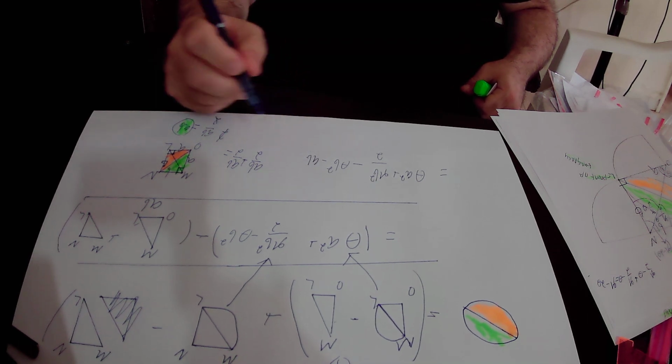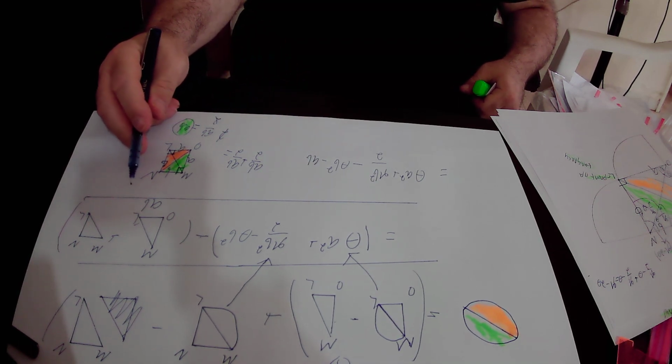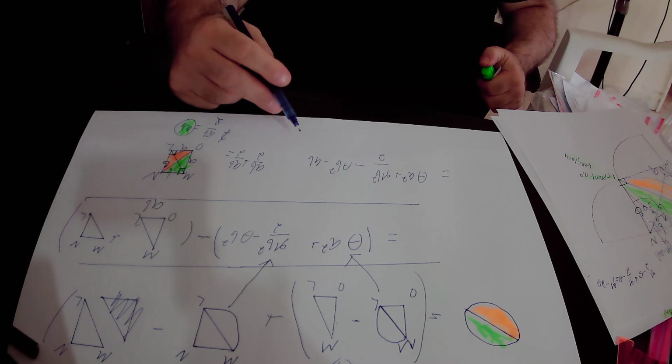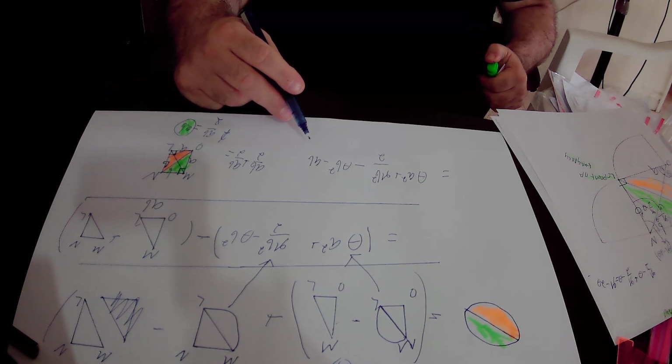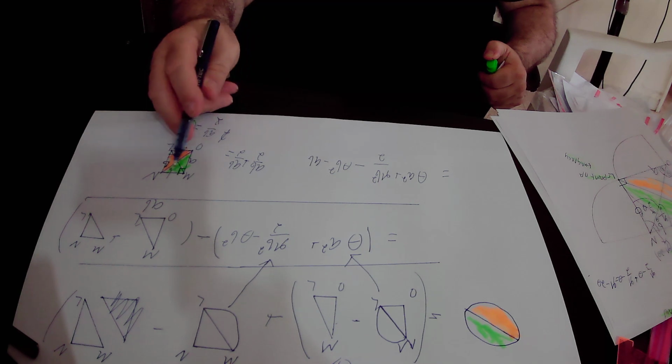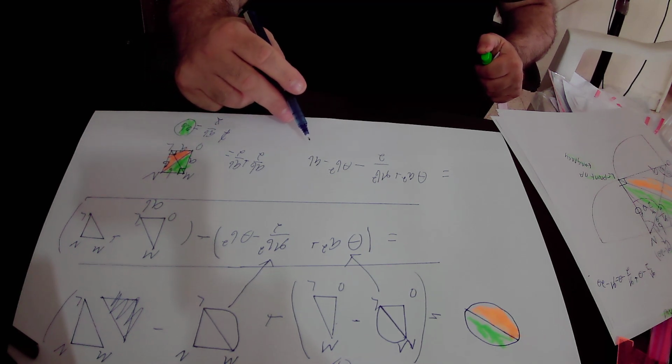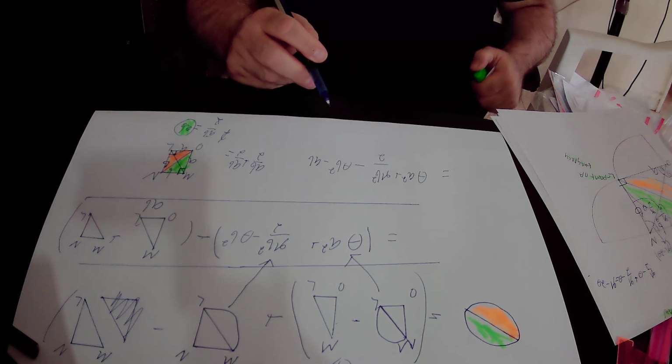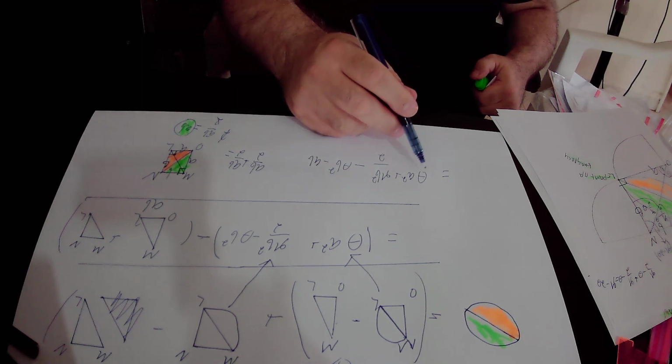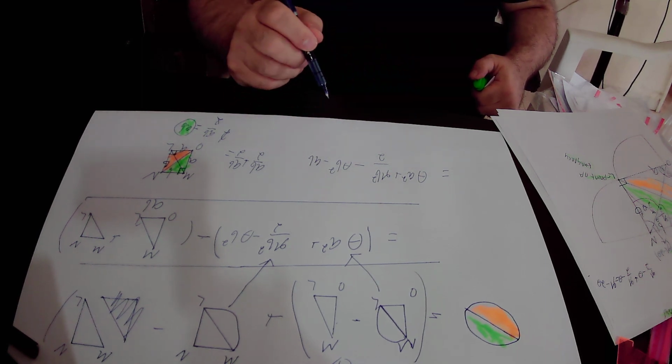AB is the sum of the areas of the two triangles, therefore minus AB means we subtracted the sum of the areas of the two triangles from the area of the two sectors, so it is equal to this expression minus AB.